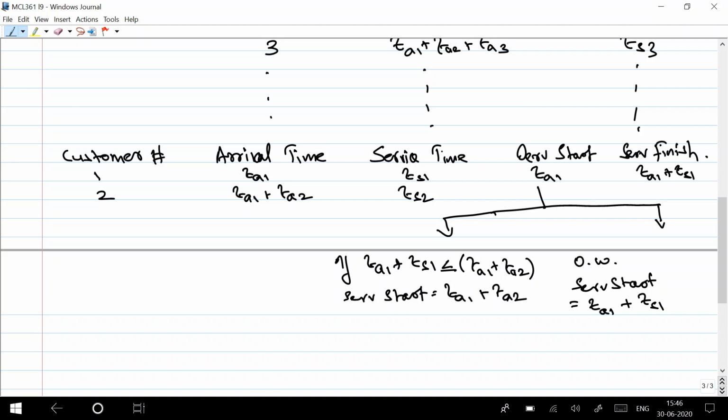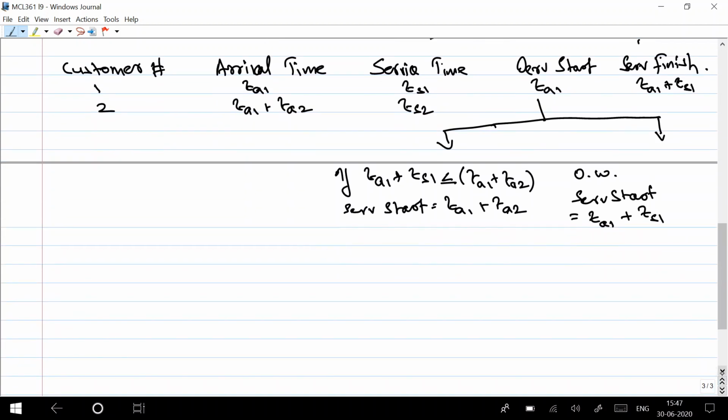Then it means the server is free at the time that the second customer arrives, in which case the service start time is as soon as that second customer arrives. If not, the service will start after the service of the first customer finishes. So in this way, you develop an event list.